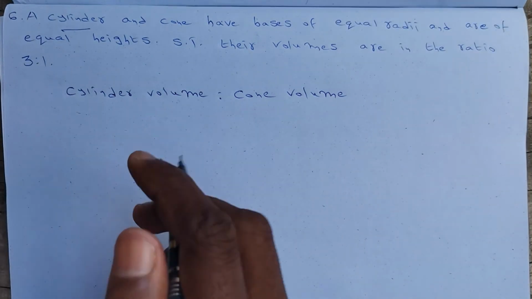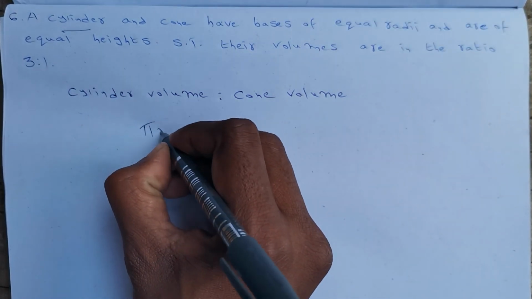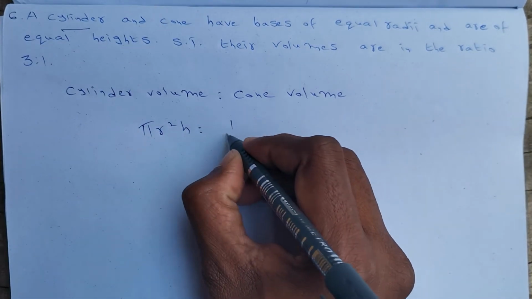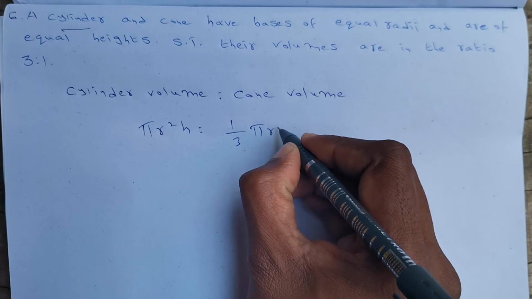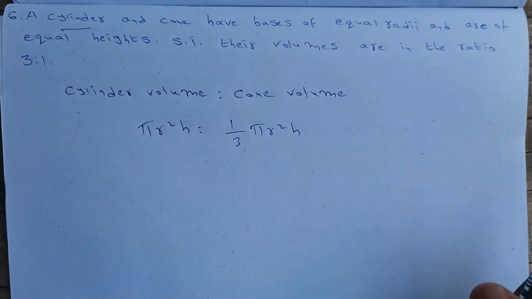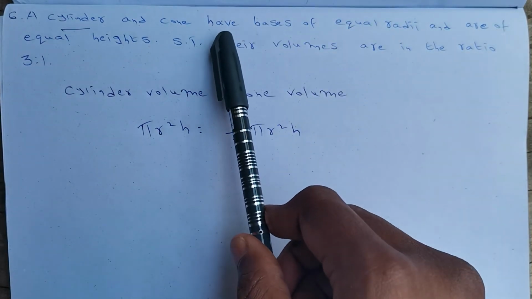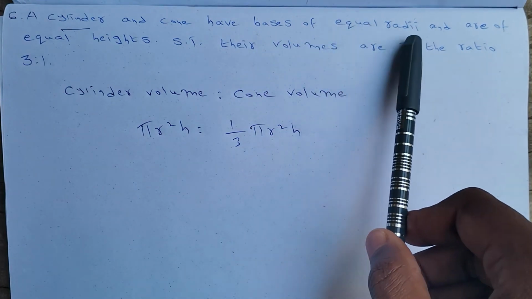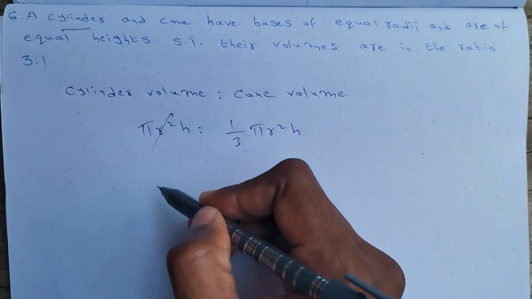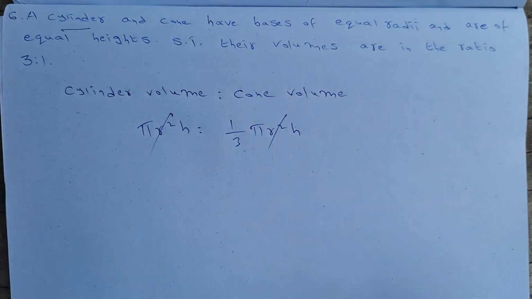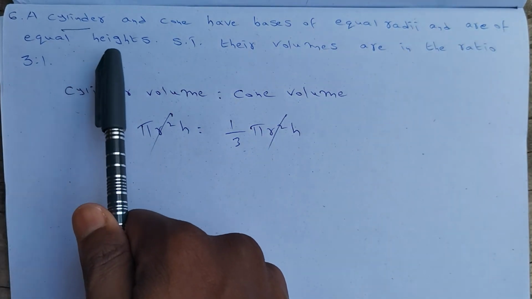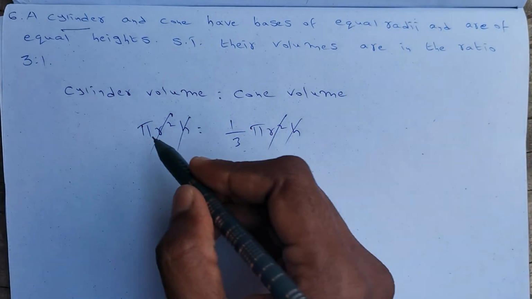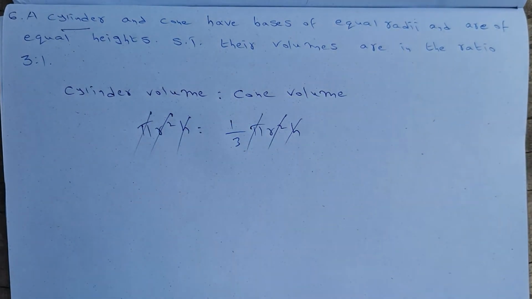So the volume of the cylinder is pi r square h, is to the cone volume, 1 by 3 pi r square h. In the question, he clearly mentioned that those two figures have bases of equal radii, so r square will get cancelled, and are of equal heights, so h will get cancelled, and pi is a constant, so on both sides it will get cancelled.